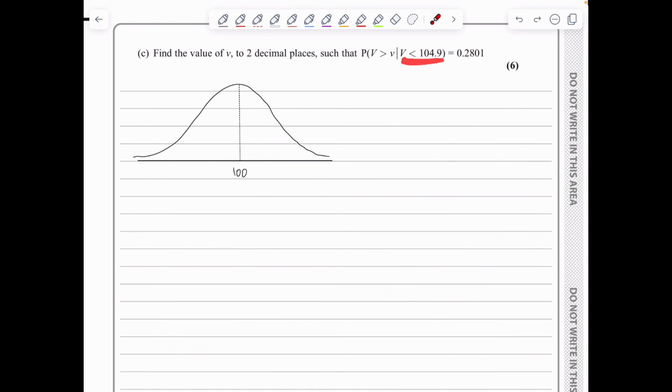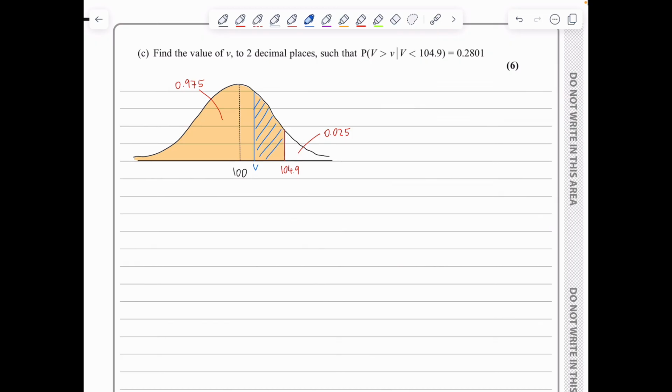So if the 104.9 is there, we know that on the right hand side it's 0.025, so on the left hand side is 0.975, and it is given, we know it's a fact, that we are within the shaded region, and we are asking what's the probability that I'm greater than v. Maybe v is somewhere here, so that's the probability.